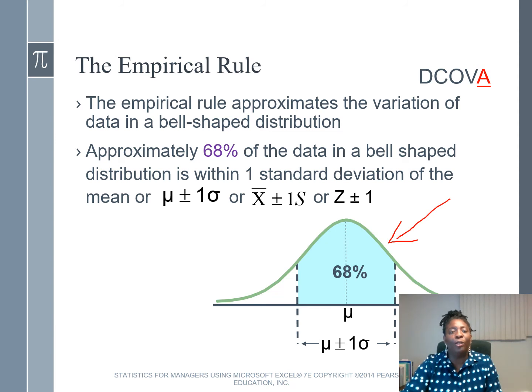The empirical rule tells us what the distribution is. Approximately 68% of data in a bell-shaped distribution is within one standard deviation of the mean. Doesn't matter what the distribution is. 68% of all data in that distribution, if it is normally distributed, is within one standard deviation of the mean, within a z-value of plus or minus 1.